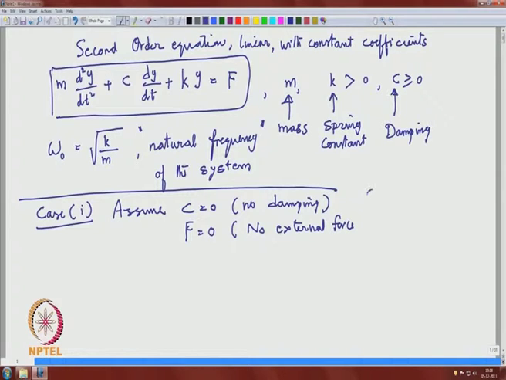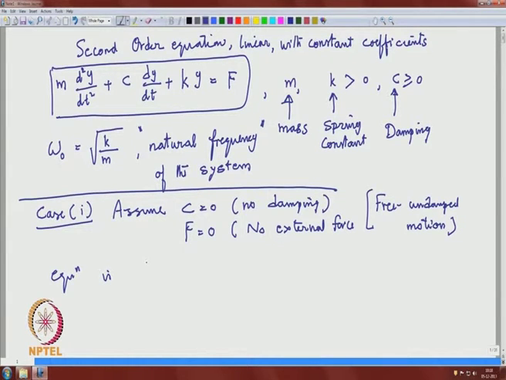So this is the situation: free undamped motion. Then you know immediately this equation. In this case, what is the equation?